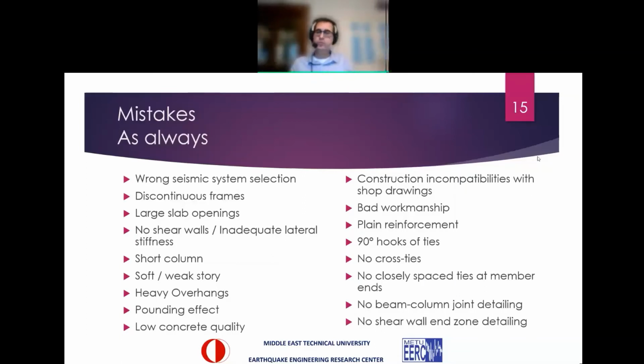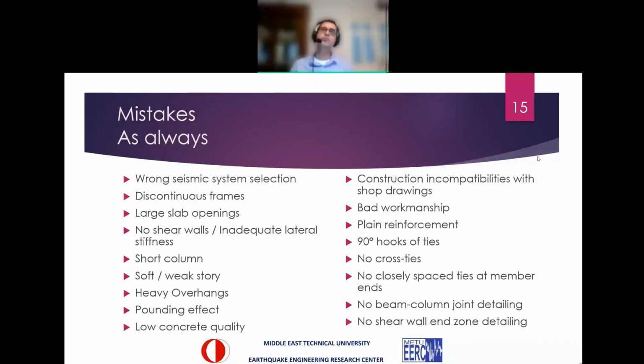Discontinuous frames are very common, and there's not a good framing system. Generally, an architectural system is planned, and according to this architectural plan, they try to put the load-carrying framing system, which is not a good approach, actually.